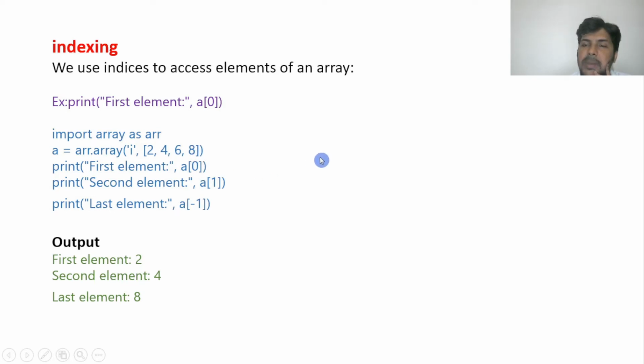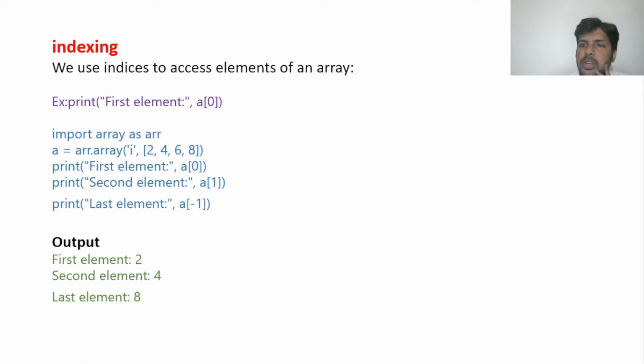So when I say minus, automatically it will take from the right side. When I give positive numbers, the index will start from the left side, and when I give negative numbers, minus 1, your index will go from right to left. So you can see here it is showing 8. If I say minus 2, it will print 6, minus 3 4, minus 4 2.